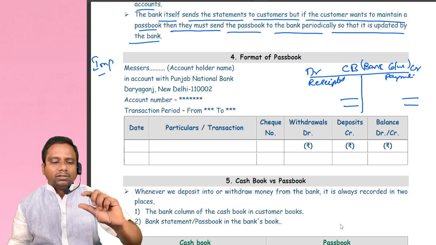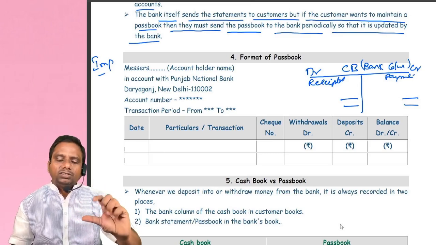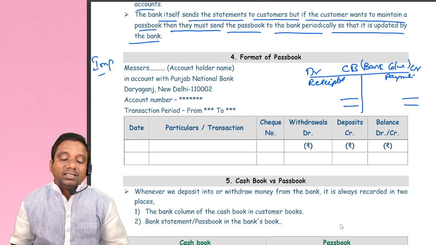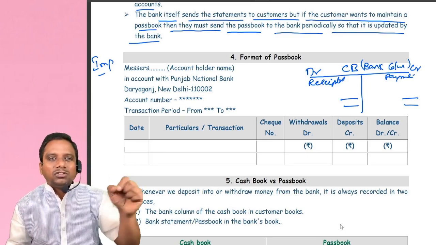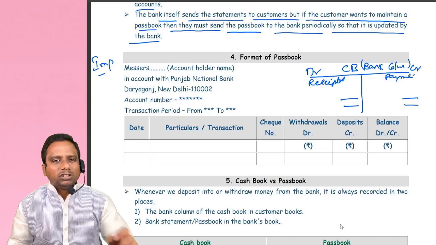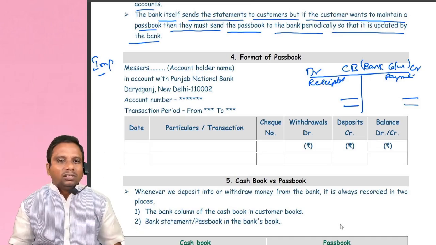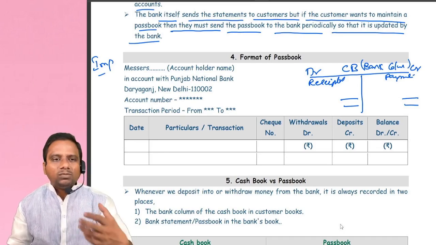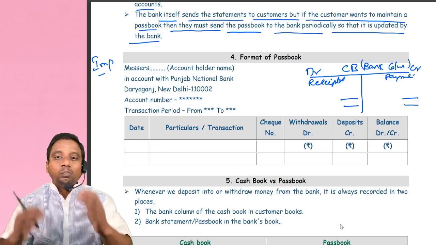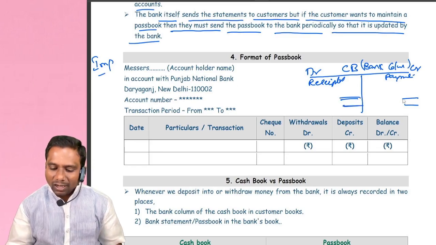Suppose the customer has written in the withdrawal slip 2 lakh rupees, whereas actually he has only 1 lakh rupees in the bank. Without knowing how much balance he has, is it possible to pay 2 lakh rupees? Not possible. So every time he withdraws money, we have to balance the customer account.